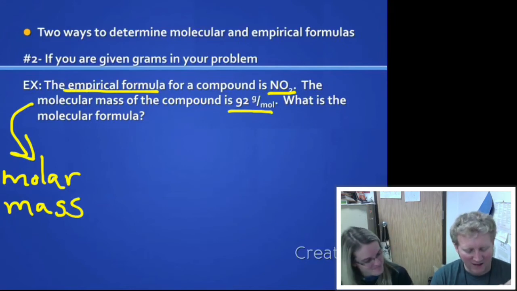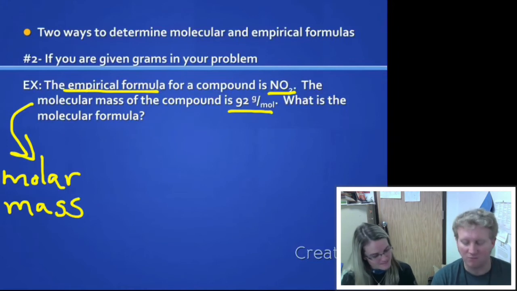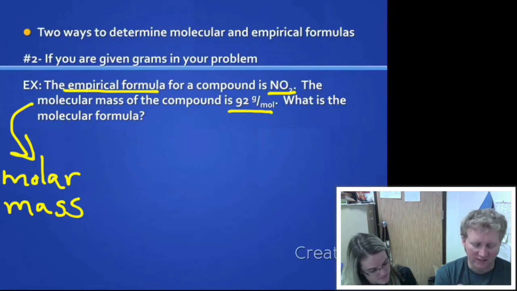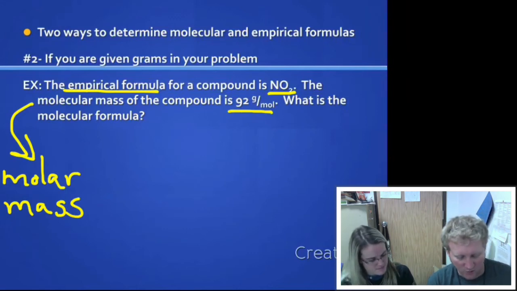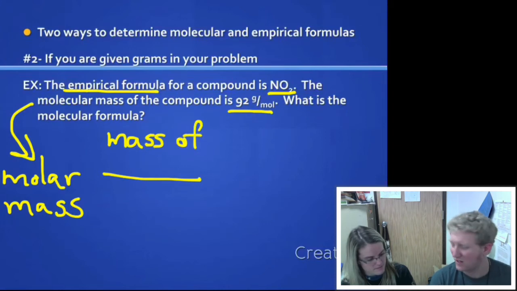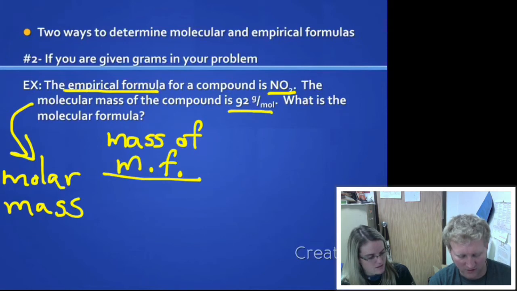So the molecular mass, the molar mass of this compound, is 92 grams per mole. What is the molecular formula? We still want to get that molar ratio. So we want to take the mass of the molecular formula, and that's a lot to write, so I'm going to shorten that to molecular formula.